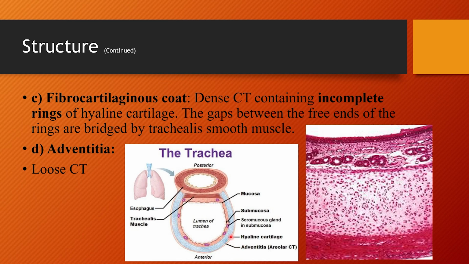Here is the adventitia, the outer layer, then the hyaline cartilage layer, which is the fibrocartilaginous coat, and the mucosa, the innermost layer, and finally the trachealis smooth muscle at the ends of the rings. And the adventitia is a loose connective tissue.